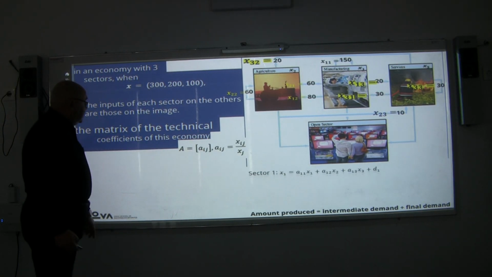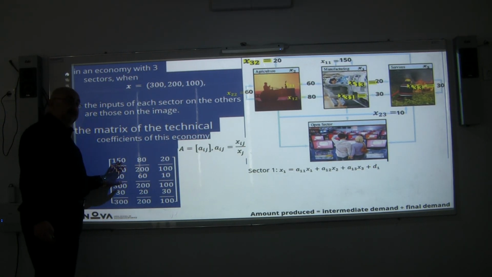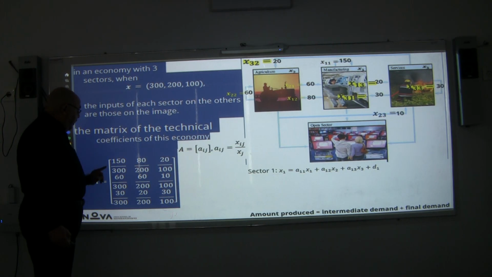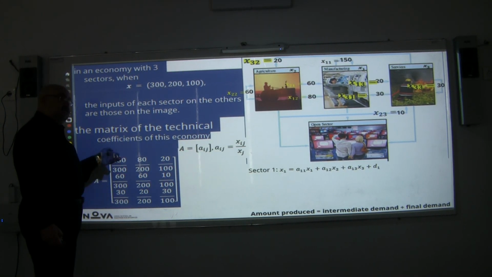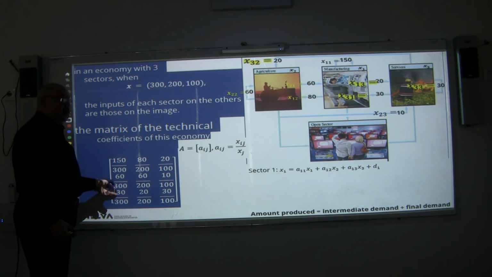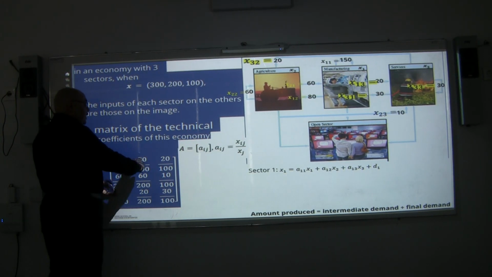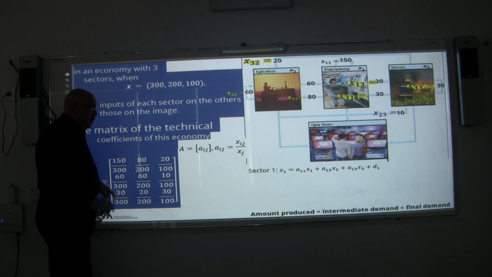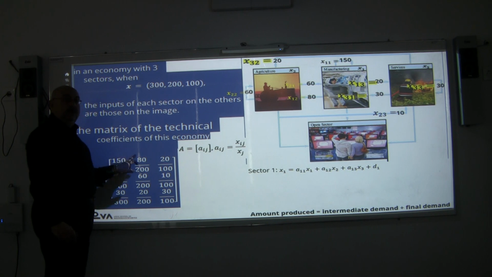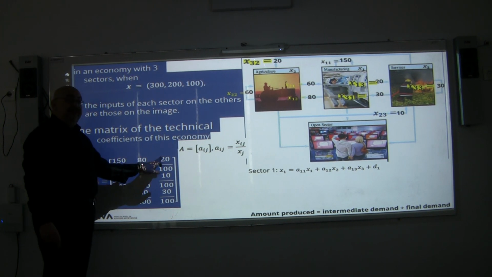For the first column, these numbers 150, 80, 20 are the numerators, X11, X21, X31.